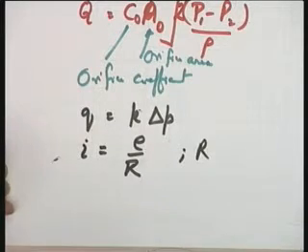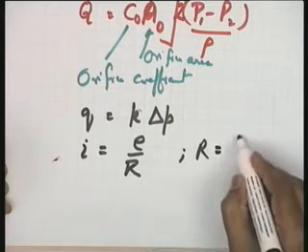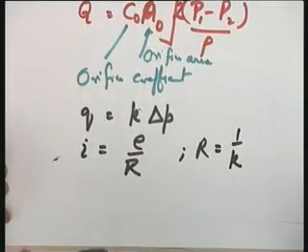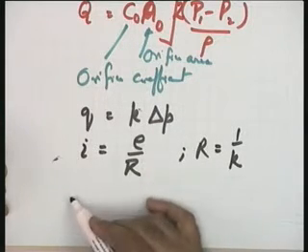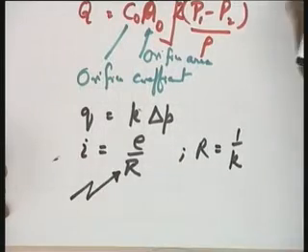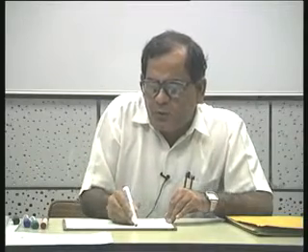Hydraulic resistance R is equal to 1 by K, whatever way K is determined. It is determined from the data supplied by the manufacturer. Once we come to analysis and design, I assume that this R, the hydraulic resistance, is available to us, and therefore the equation becomes Q equal to del P divided by R. This becomes the equation for me. Okay? I hope this is okay.